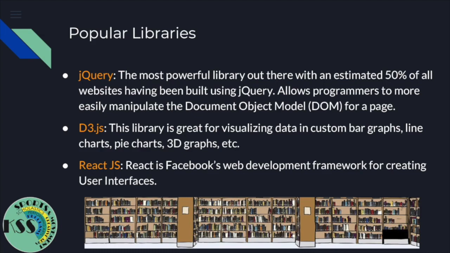D3.js. This library is great for visualizing data in custom bar graphics, line charts, pie charts, 3D graphics, etc. React.js. This library is Facebook's web development framework for creating user interfaces.